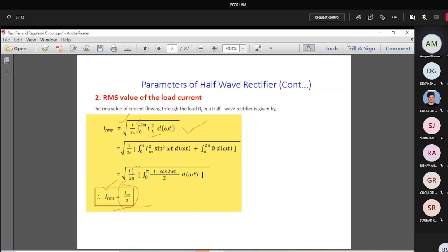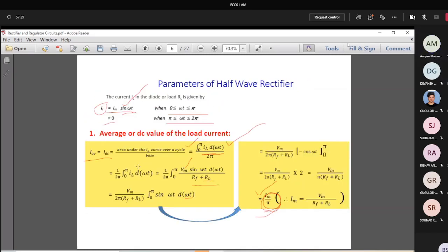First, Im by 2 is giving you the RMS value of the load current, as you can check on your screen. And IDC is the DC value of the load current, that is, you are averaging the load current, which is Im by pi.